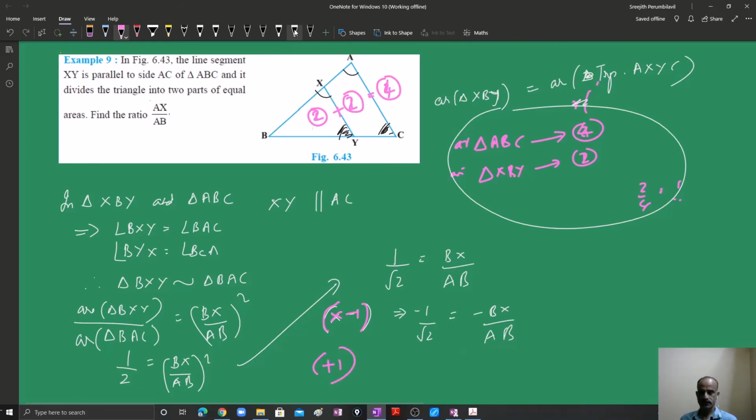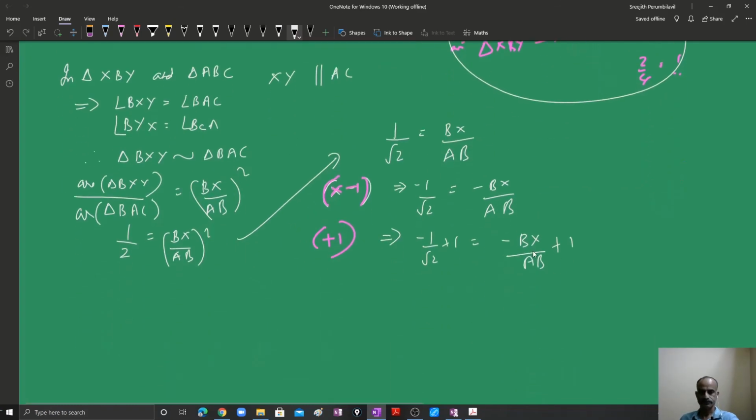What happens? Minus 1 by root 2 plus 1 is equal to minus BX by AB plus 1. So this is minus 1 plus root 2 by root 2 is equal to minus BX plus AB divided by AB, or root 2 minus 1 by root 2 is equal to AB minus BX by AB.